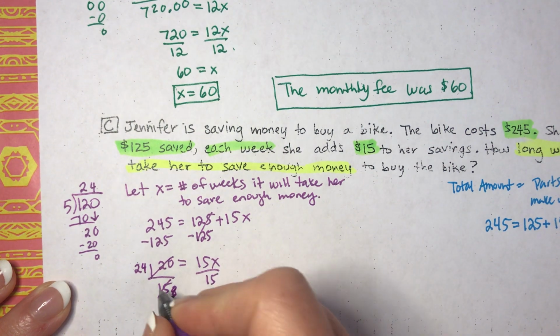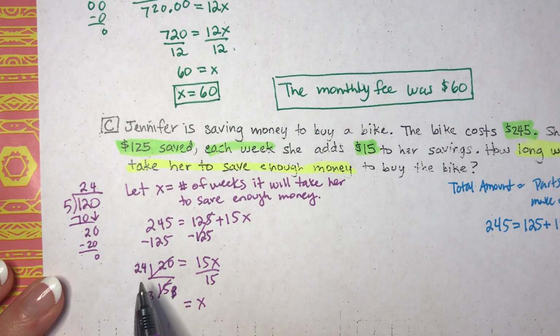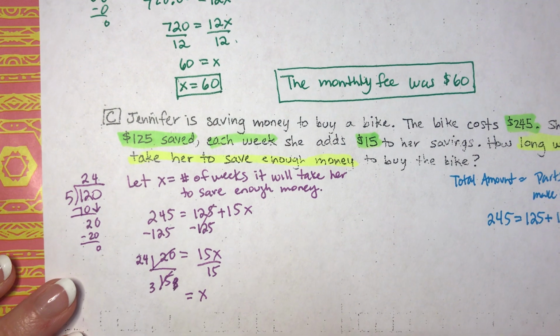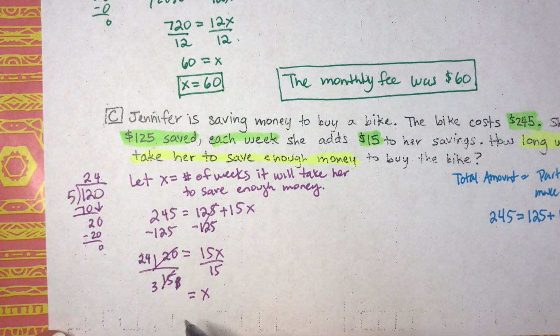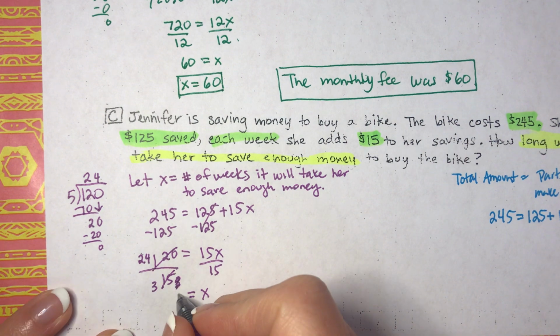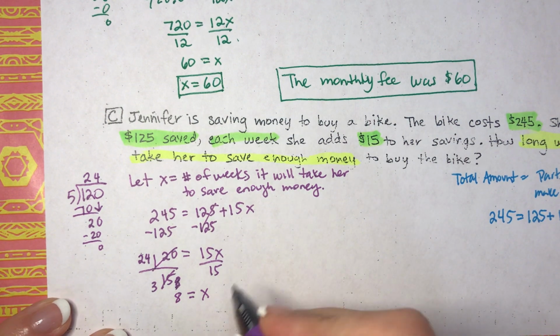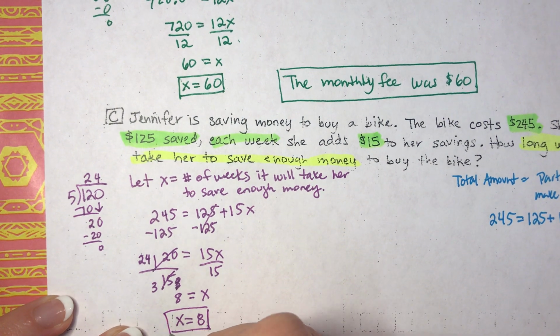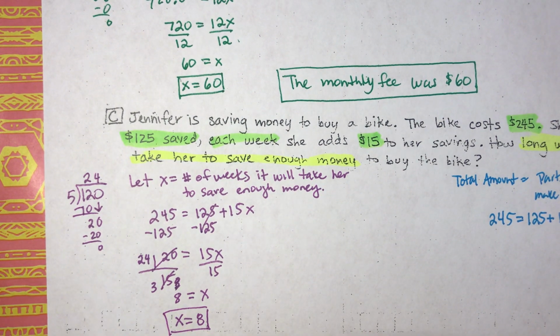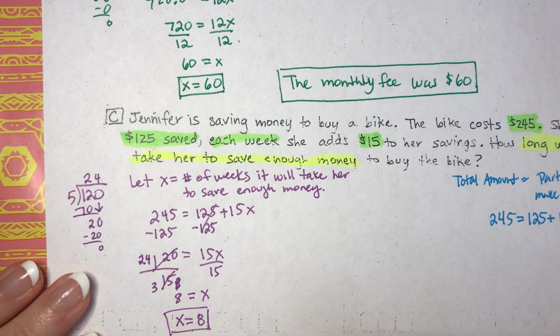And actually, I'm going to write this 3 over here. Okay, so now we have 24 over 3, or 24 divided by 3, which I know is 8. So then I'm just going to use the symmetric property of equality, flip that around, x equals 8, which means it takes 8 weeks for her to save enough money to buy the bike.